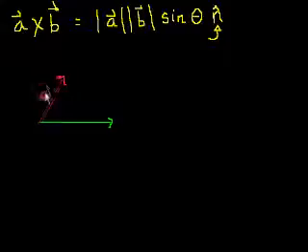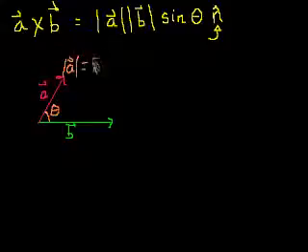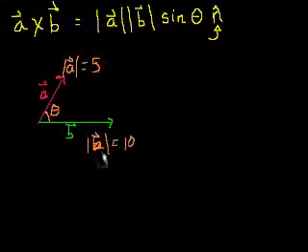So this is vector A. This is B. And then the angle between them is theta. Now let's say the magnitude of A is equal to 5. And let's say that the magnitude of B is equal to 10. It looks about double that. I'm just making up the numbers on the fly.